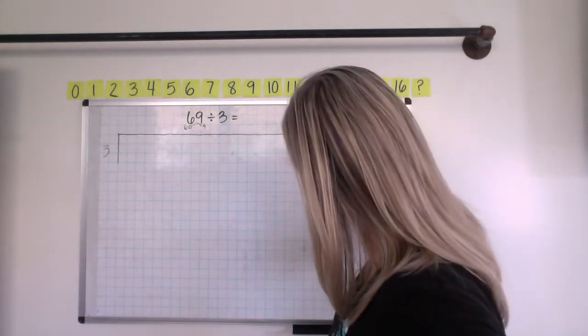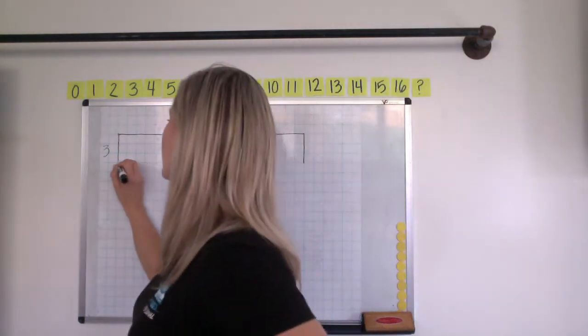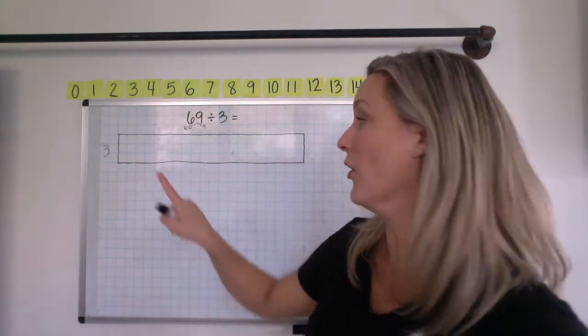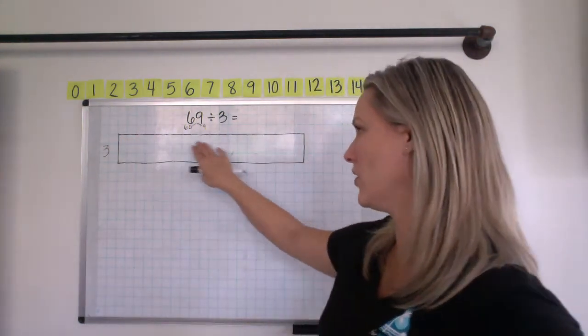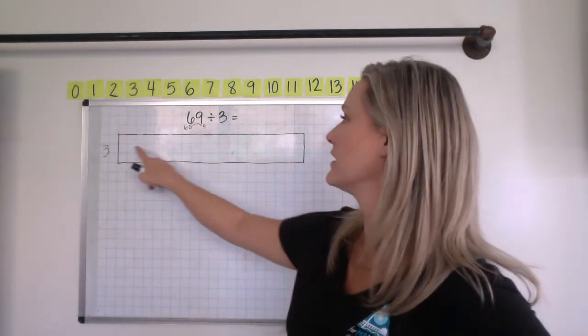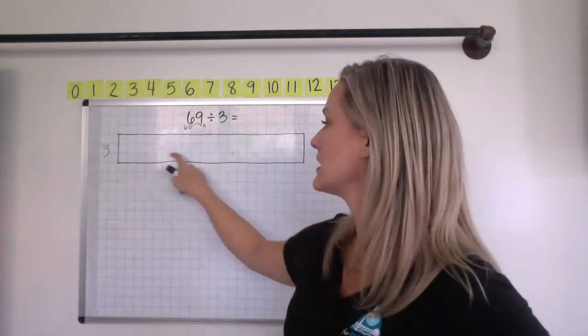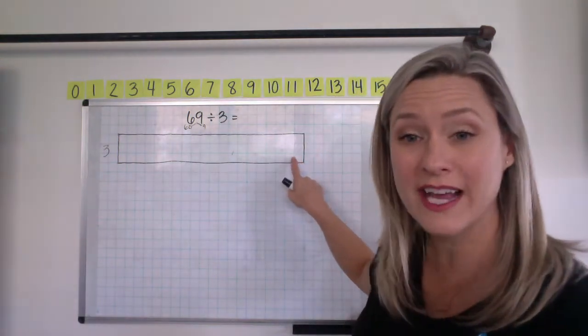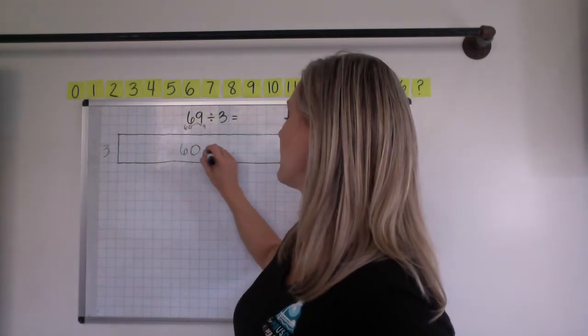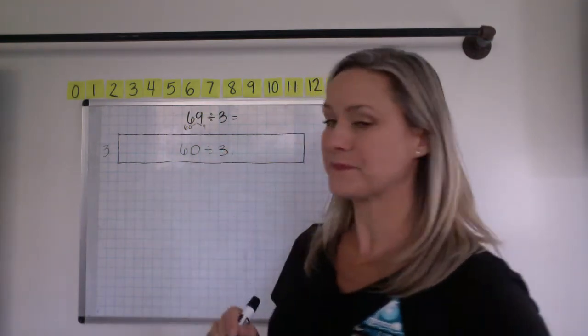Okay, now if I close that up right here, I could literally count 1, 2, 3, all the way till I would get to 60 down here because we've got 20, 40, 60. So I literally have 60 squares in here. This is representing 60 divided by 3.